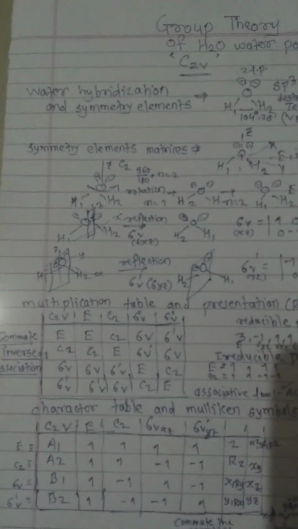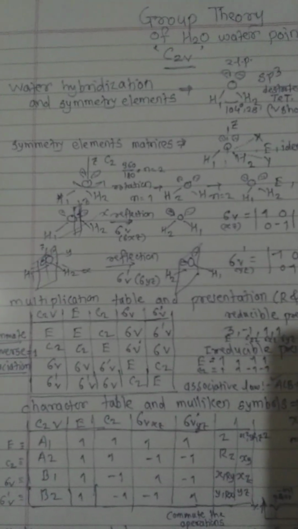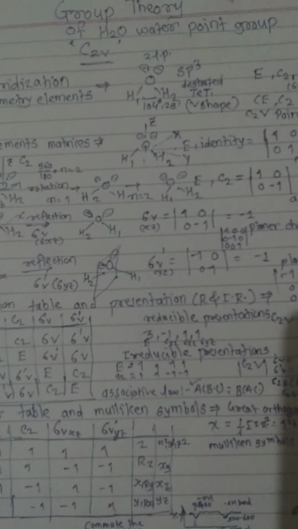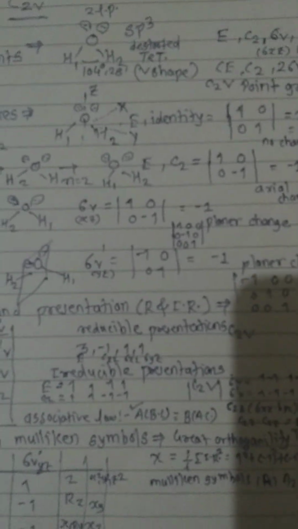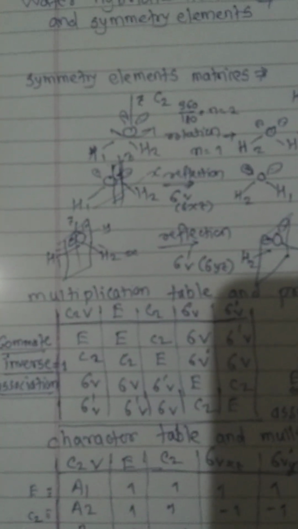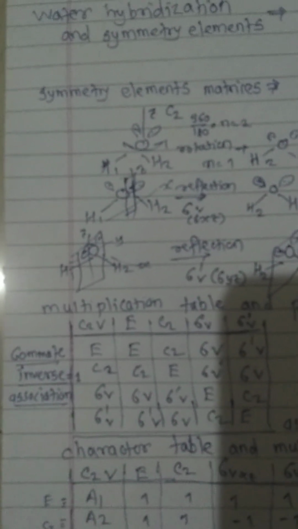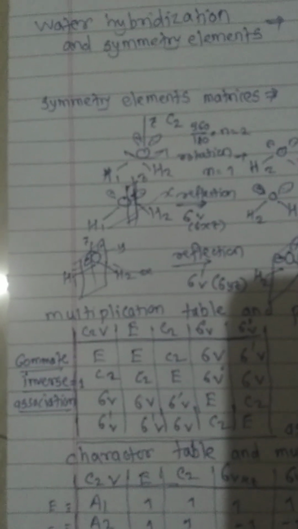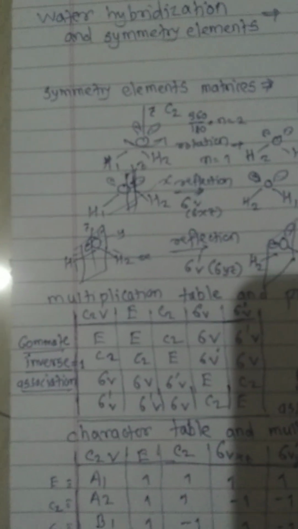Now, the next part of group theory we have to use: we have to determine the multiplication table of the water. According to the presentations, reducible or irreducible presentations can be represented like this. In the multiplication table, the symmetry elements of the water will commute, meaning multiplied. When multiplied, that gives the same or a different symmetry element. So the symmetry elements are commuting.